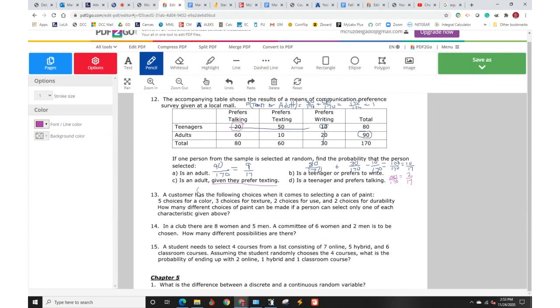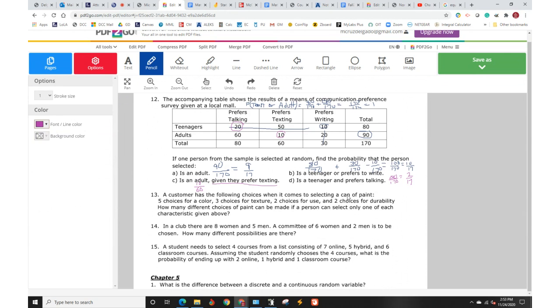Now, when I showed you this, I told you there was a long way and a short way to do it. You could put down here 60 over 170. And then let's see, is an adult. So adult and texting is the numerator. And for that, you could put 10 over 170. But when you take it and divide, you multiply by the reciprocal, which means the 170s are going to take each other out.